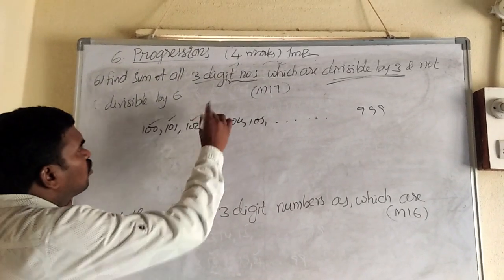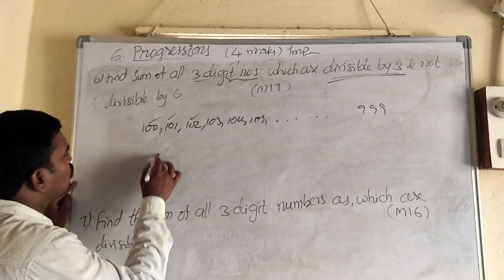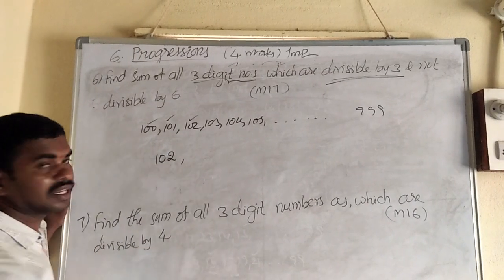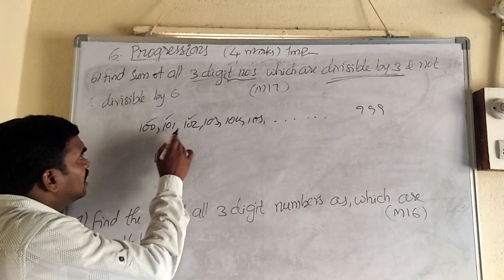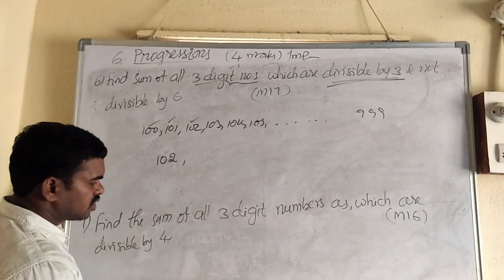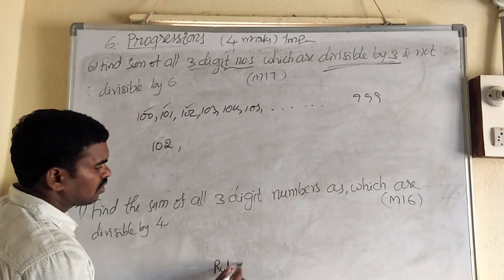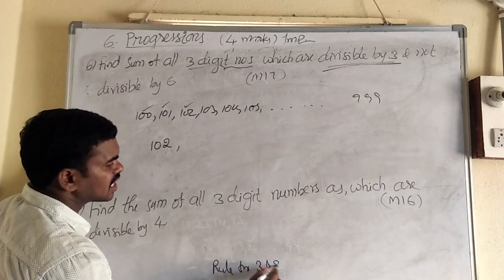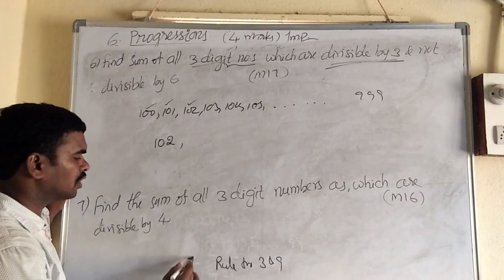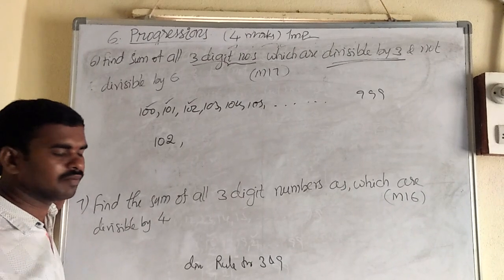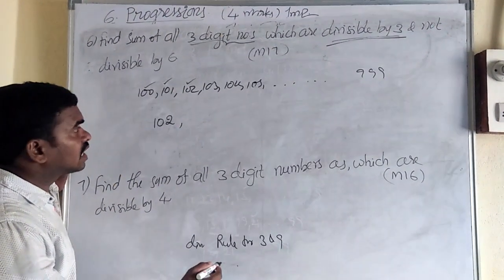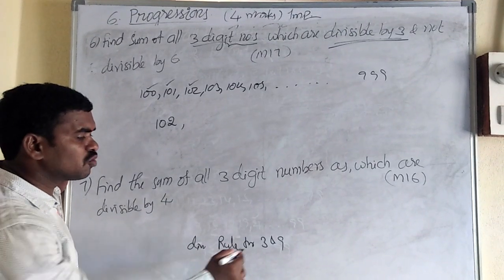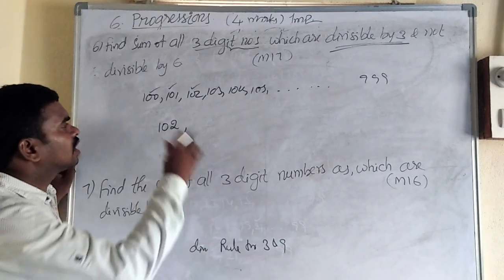No. Is 102 divisible by 3? Yes. How am I saying this? Add the digits. See, the divisibility rule for 3 and 9 is the same. Add the digits, and if the sum of the digits is divisible by 3, then the number is divisible.